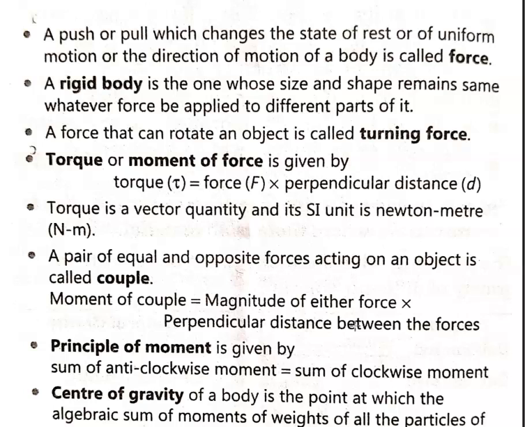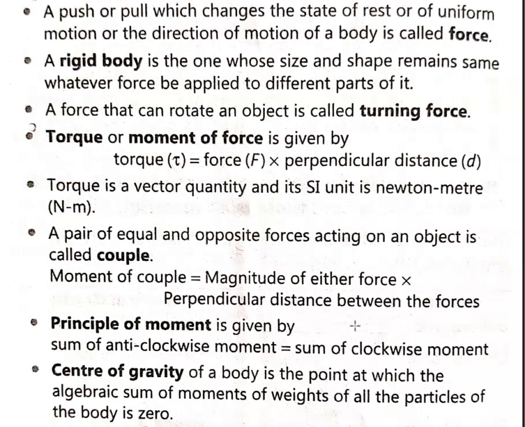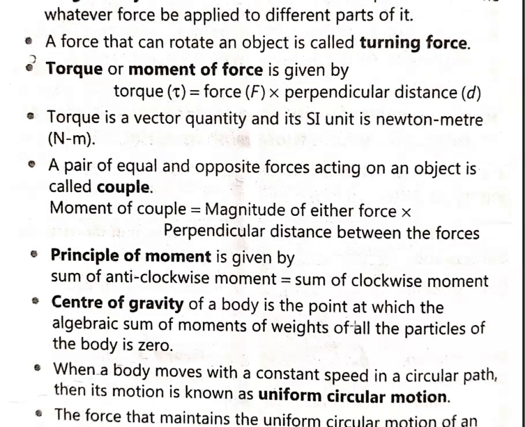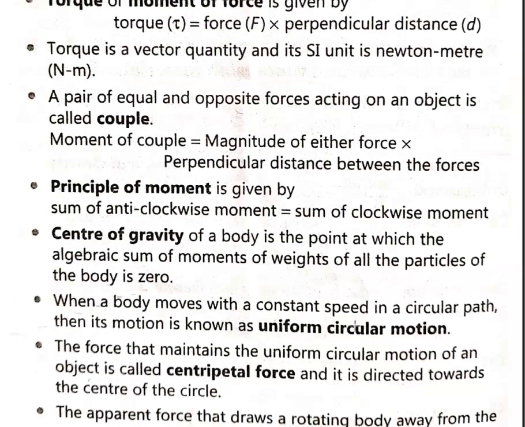Now when an object is rotating, it may rotate either clockwise or anti-clockwise. And for an object to be in equilibrium, there is something known as the principle of moment that should be obeyed. The principle of moment is given by: sum of anti-clockwise moments is equal to sum of clockwise moments. This is a principle that we are going to majorly apply when we do the numericals from the next class onwards.